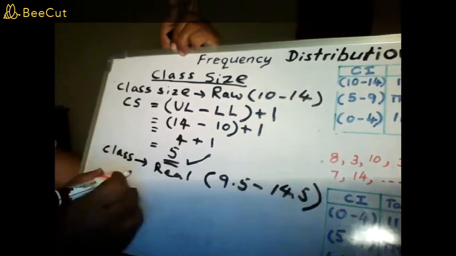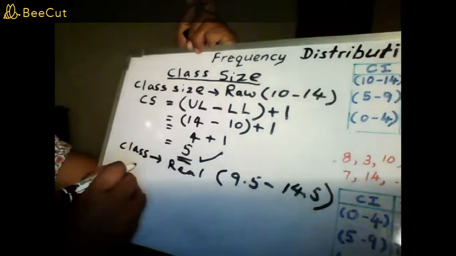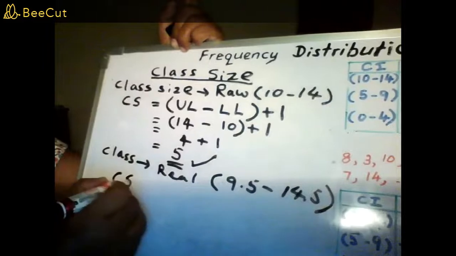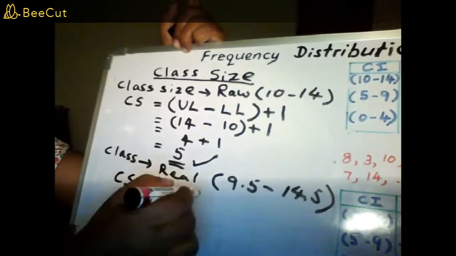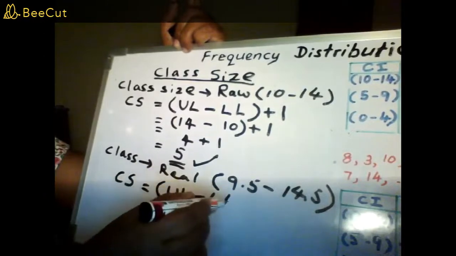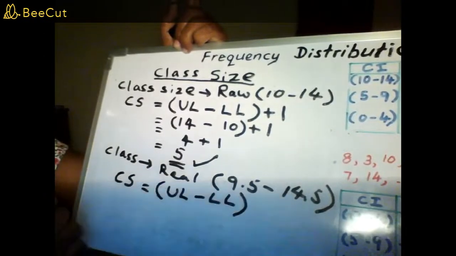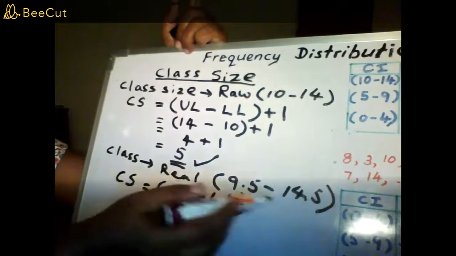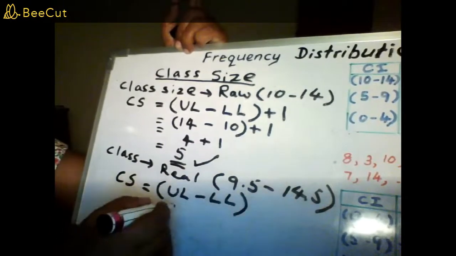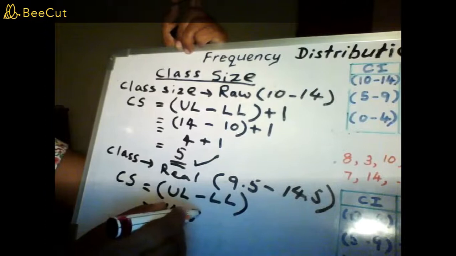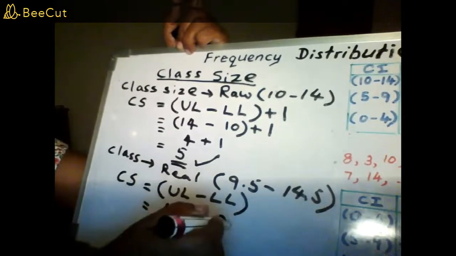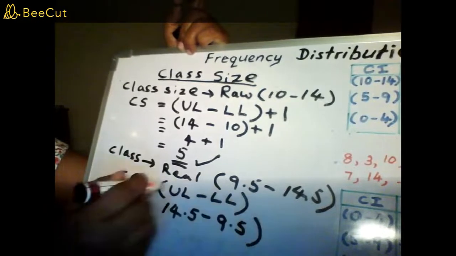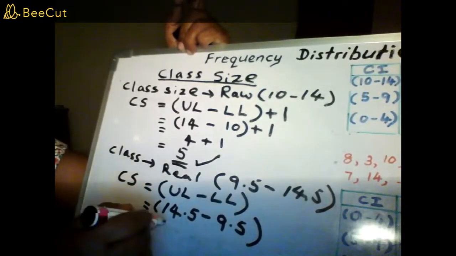And the formula is class size equals upper limit minus lower limit. That's all. What's the upper limit here? 14.5. Minus, what's the lower limit? 9.5. The answer is 5.